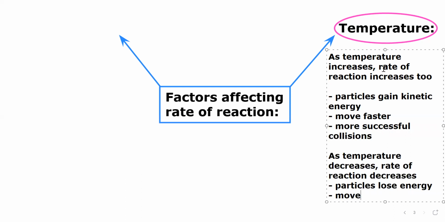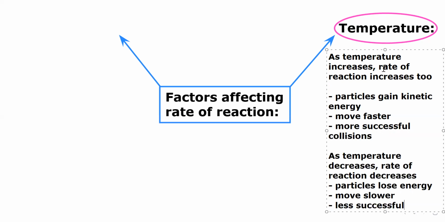They move slower, and when they move slower, there are less frequent successful collisions. So these are the keywords that we will remember for temperature.